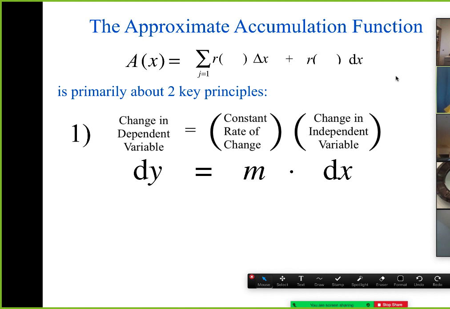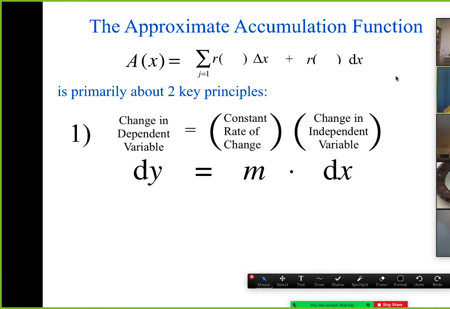The rate function, because we defined it so that it uses the constant rate, r of something, is your constant rate of change. And we are accumulating a lot of those small changes.